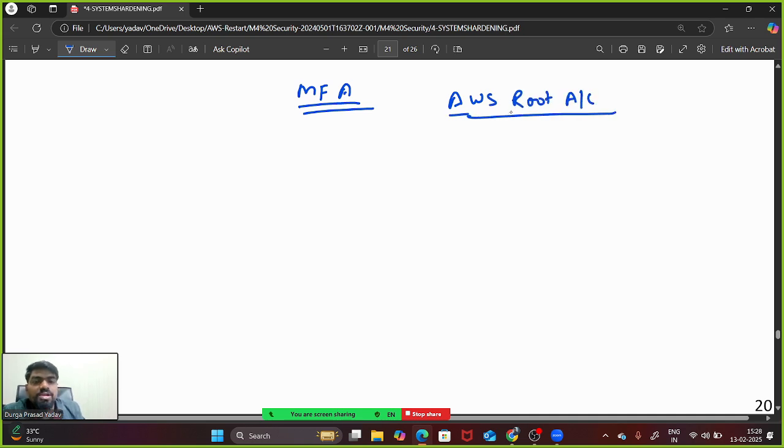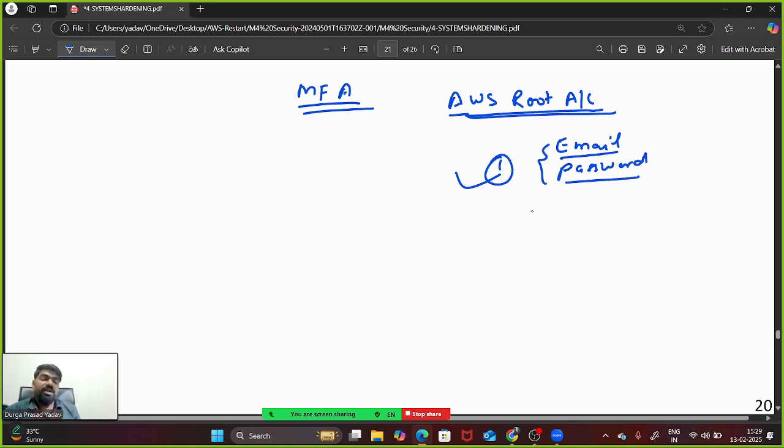What do we need for creating an AWS root account? You need an email and a password, and later you can use a credit card and create one AWS account. So let's say you have created one AWS account, you know the email and password. If you keep the email and password, easily you can log in. But sometimes we think if anybody guesses the password, they will also be able to log in.